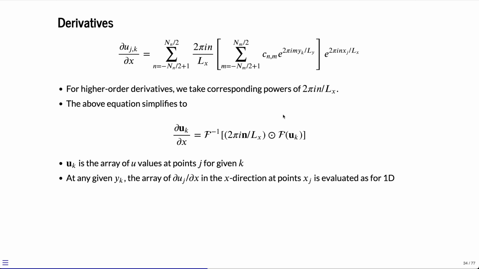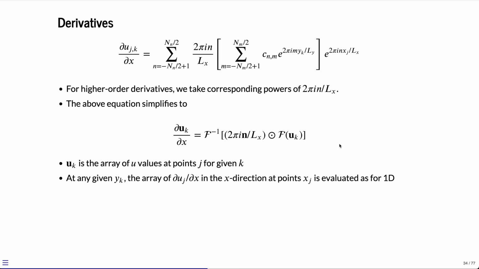So it's pretty simple to apply this. And so if you wanted the derivative with respect to x at every point in the grid, then you'd evaluate this along a line at a given y, and then evaluate it along a line at the next y, and so forth.